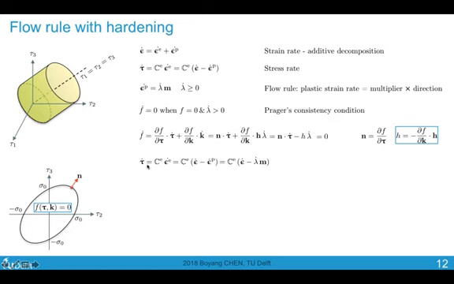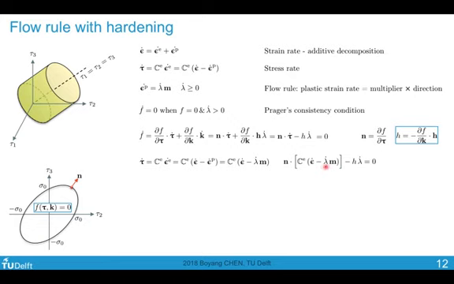We can then follow the same procedure as before. We express our stress rate in terms of our constitutive tensor multiplied with the total strain rate minus lambda dot, our plastic multiplier, times m, the direction of plastic flow. We plug this whole expression into our consistency condition, and we obtain such an equation.